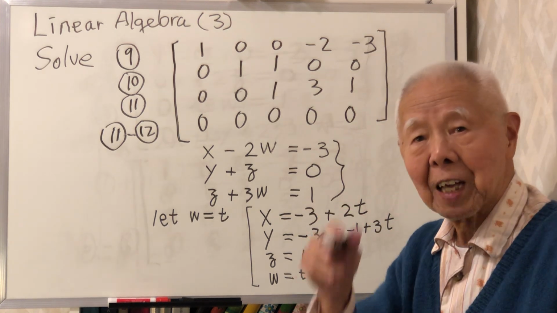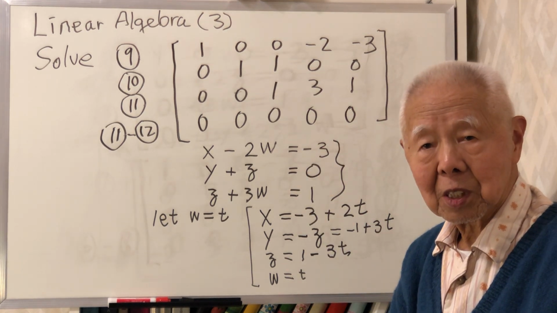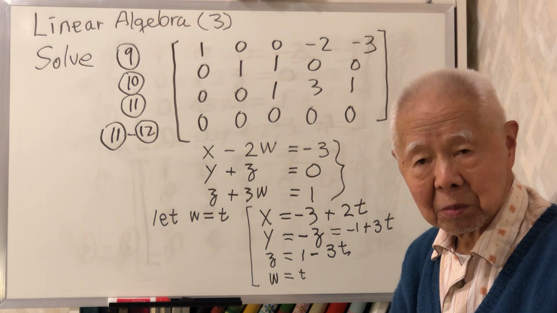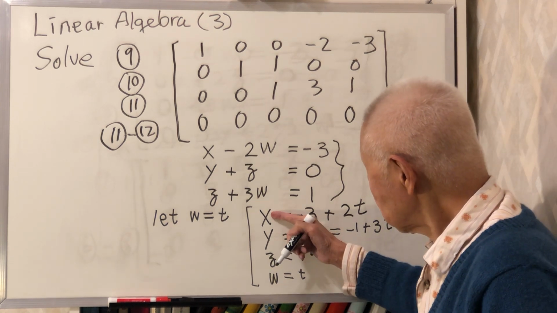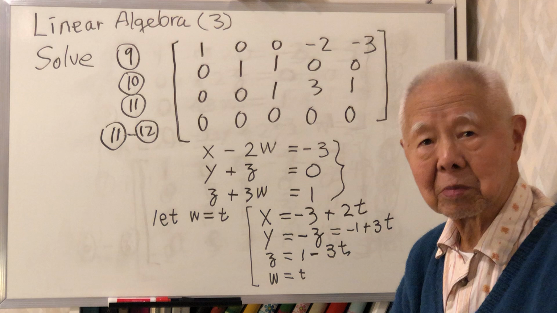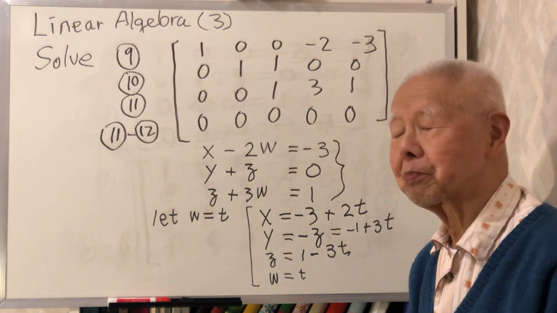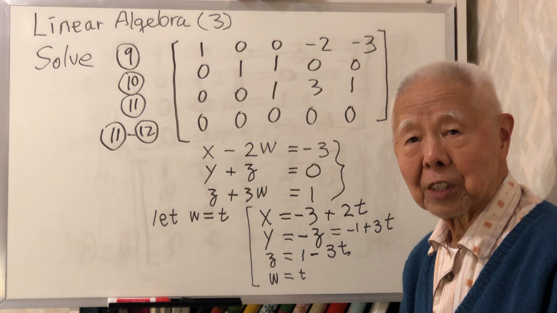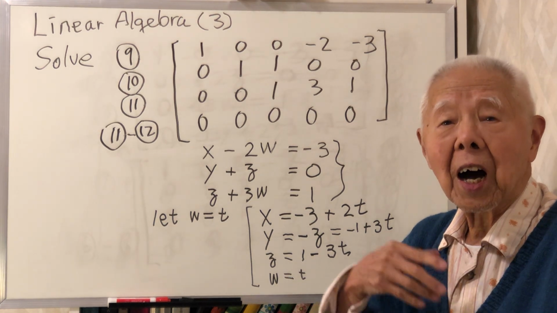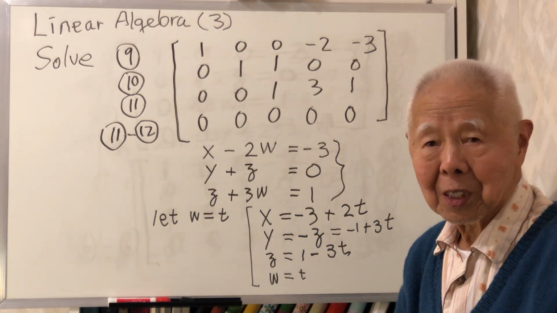I can give t any value. If I give t any value, then I have x, y, z corresponding to that particular t value. Next, I can give t a different value.